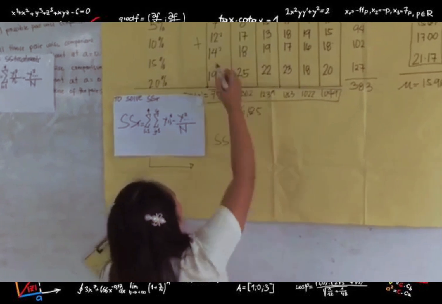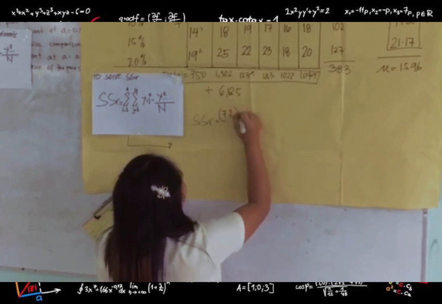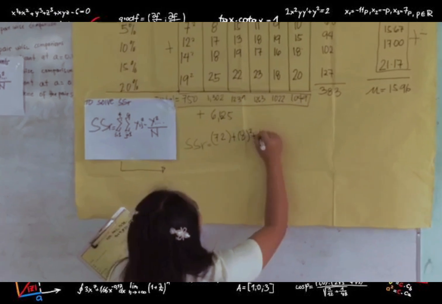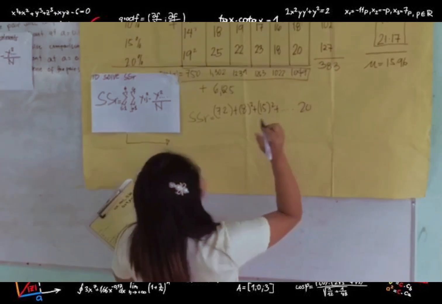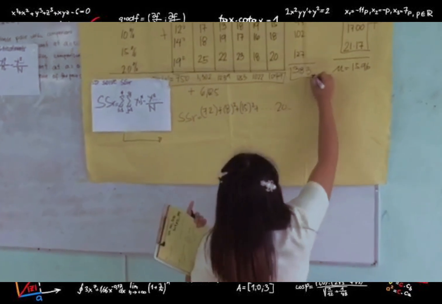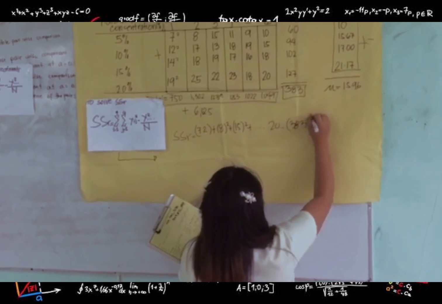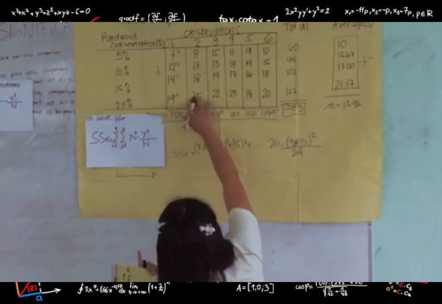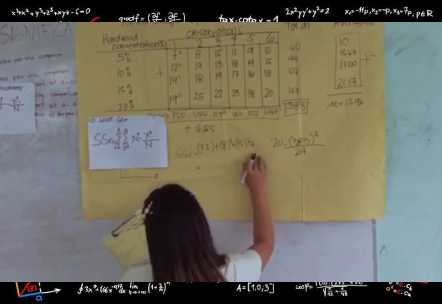SST is equal to all the specimens, where we include the squares: 8 squared plus 15 squared, and so on up to 20. Then we subtract the total, which is 383, squared, divided by 24. The 24 is the total number of specimens.